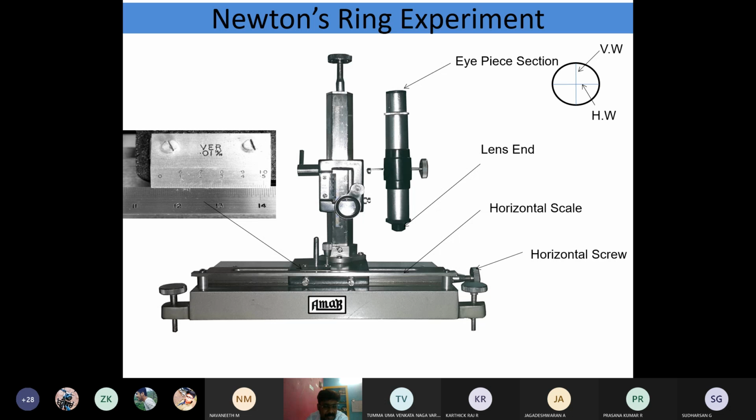In the vernier scale, the starting value is 0. This 0 is the reference point. Then we have full values marked 1, 2, 3, 4, 5.